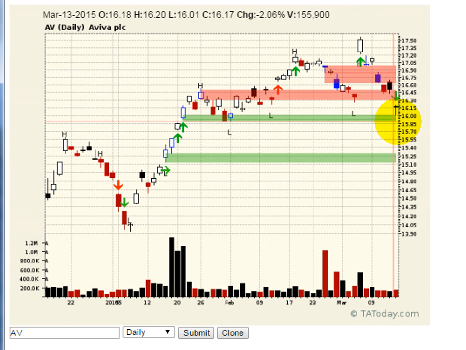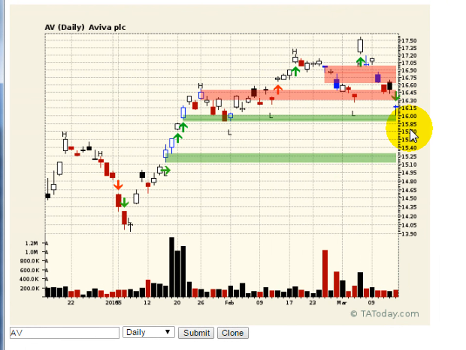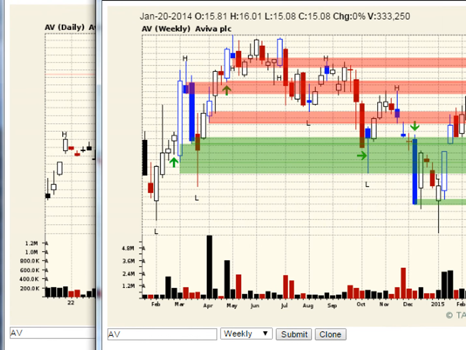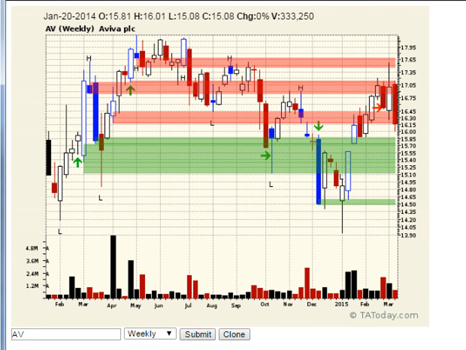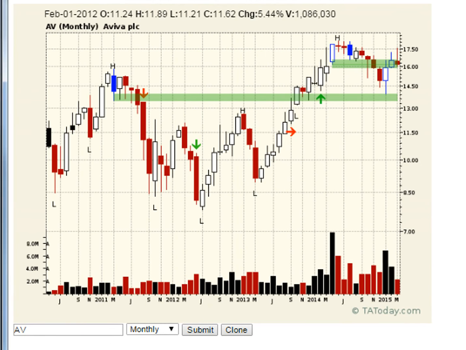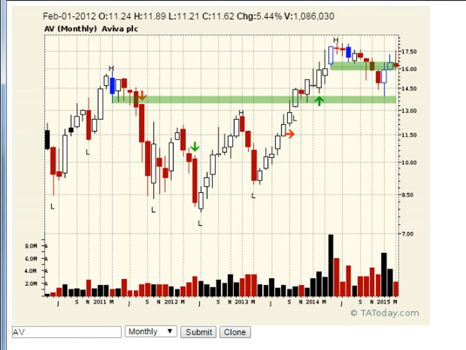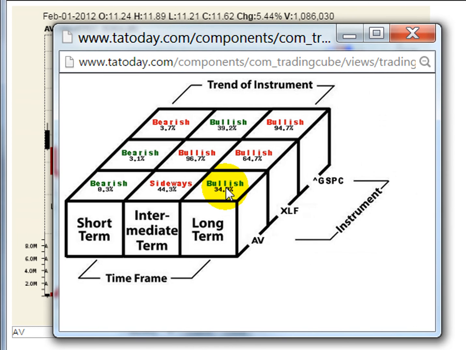So when we look at it, we can see the green arrow down. It's broken below two swing point lows, and so it's a bearish breakout. What actually happens when we click on that is we get all three time frames. So you get it on the weekly, the daily we just saw, and the monthly, and then you also get the trading cube so that you have a quick visual of where this thing stands overall.